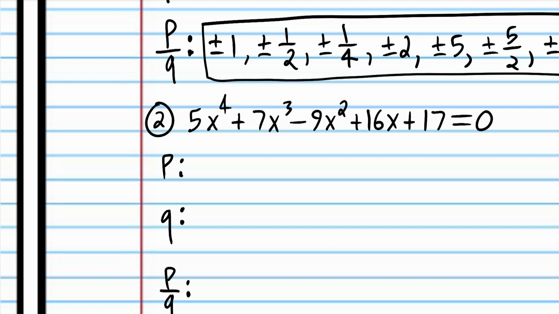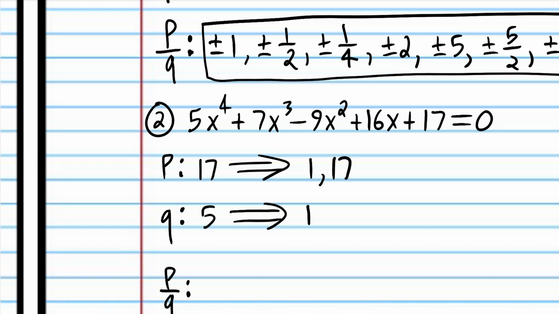So P represents all the factors of the last term, and Q represents all the factors of the first term.